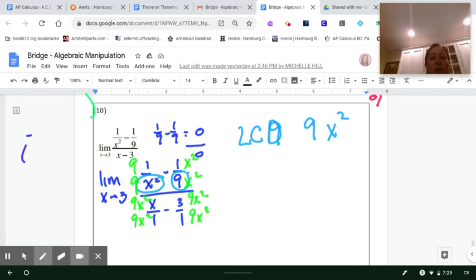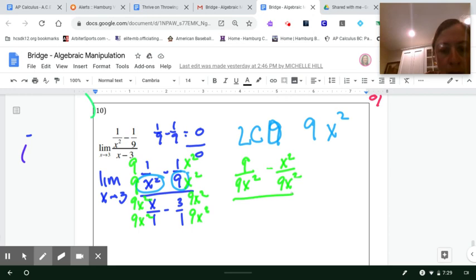So again, my goal was just to make four fractions that are the same. So right now I have 9 over 9x squared minus x squared over 9x squared, all over 9x cubed over 9x squared minus 27x squared over 9x squared.